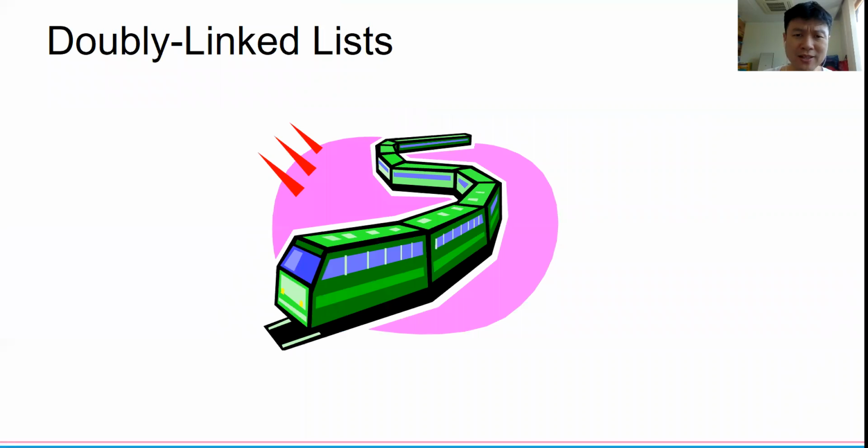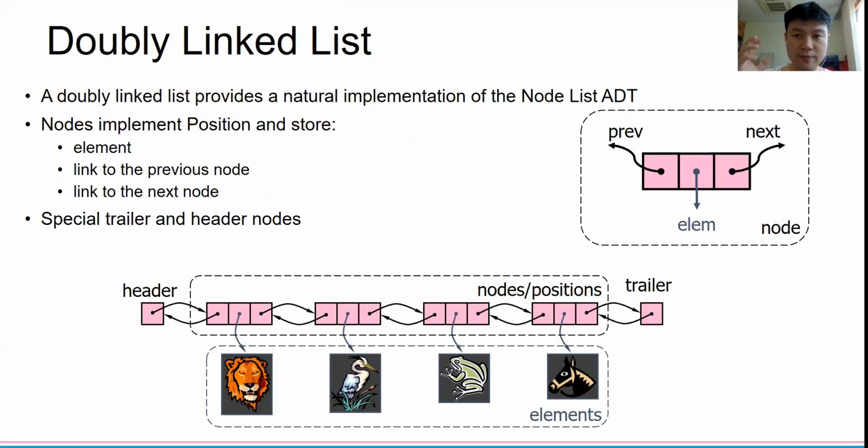So what is a doubly linked list? You can think of it as a kind of train, so it's connected to each other. We can think of what we already learned in the singly linked list.